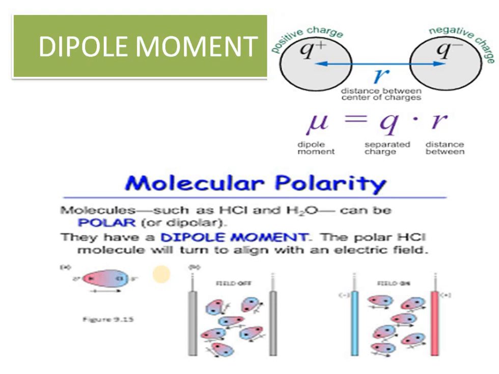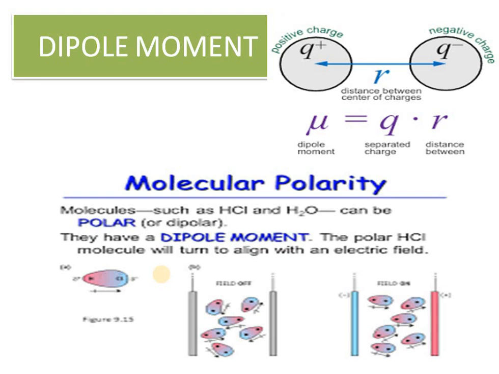Now next comes the dipole moment. What do you mean by dipole moment? It is the product of equal and opposite charge separated by a distance r. If we take the centers of the two atoms, the distance between them multiplied by the charge, equal and opposite, plus q and minus q, gives q into r.